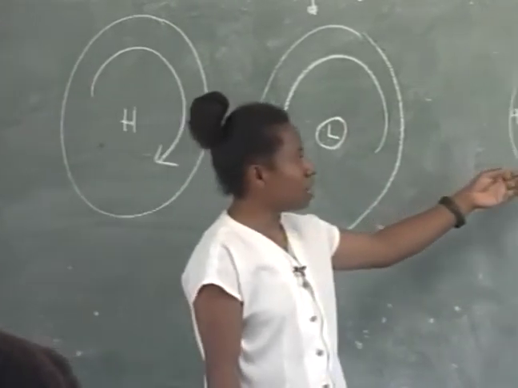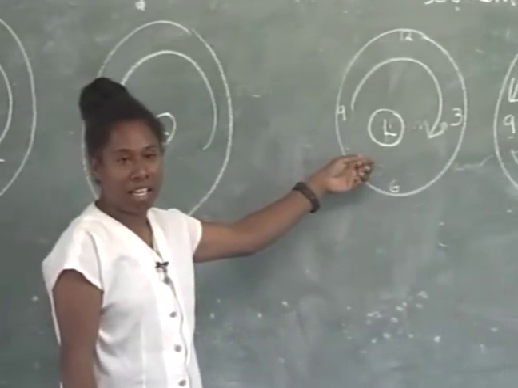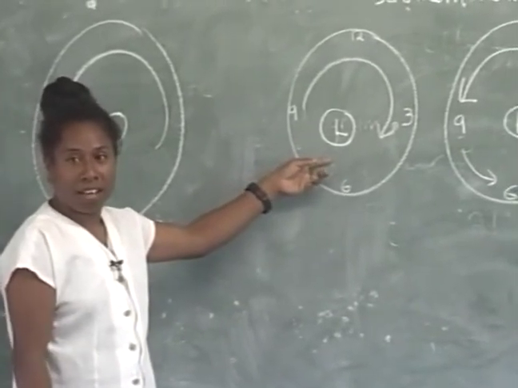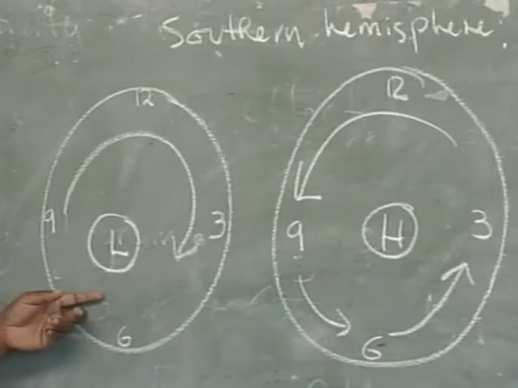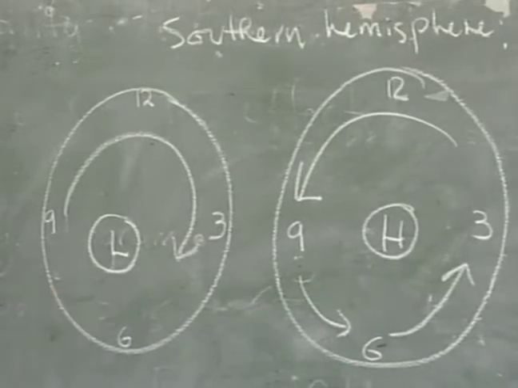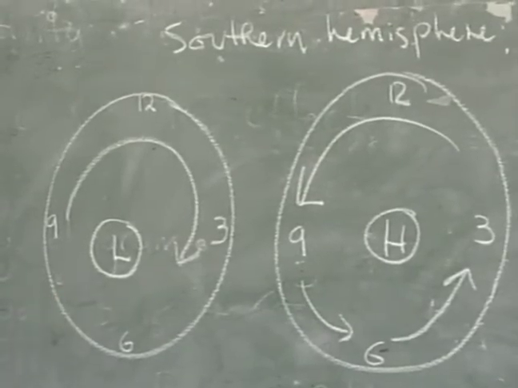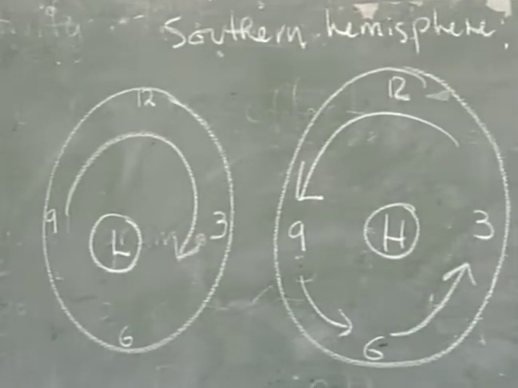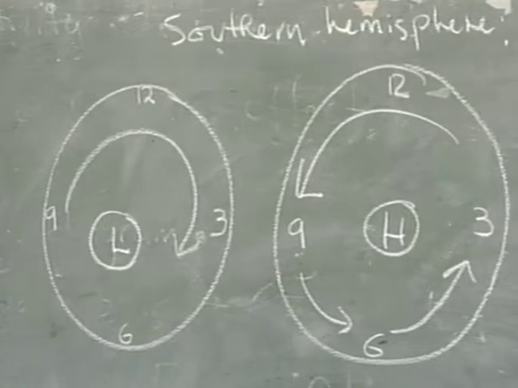If you were in the southern hemisphere, maybe in Australia, fill up the sink and then remove the plug. Watch the way the water spirals into the sink hole. It will always go in a clockwise direction while going down the sink hole. In Papua New Guinea, we will try that.